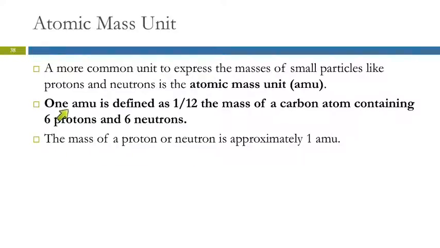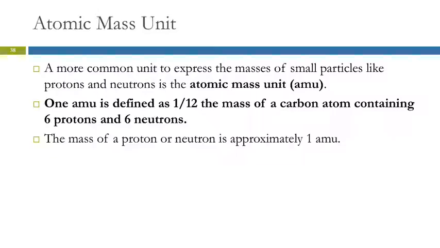1 AMU is defined as 1/12 the mass of a carbon atom containing 6 protons and 6 neutrons. And what that ends up being is that the mass of a proton or a neutron is approximately 1 atomic mass unit. So this carbon atom with 6 protons and 6 neutrons in its nucleus, there are 6 plus 6 equals 12 of these particles that have mass.